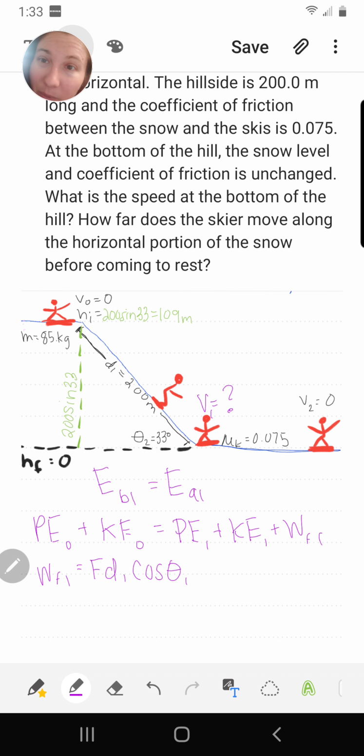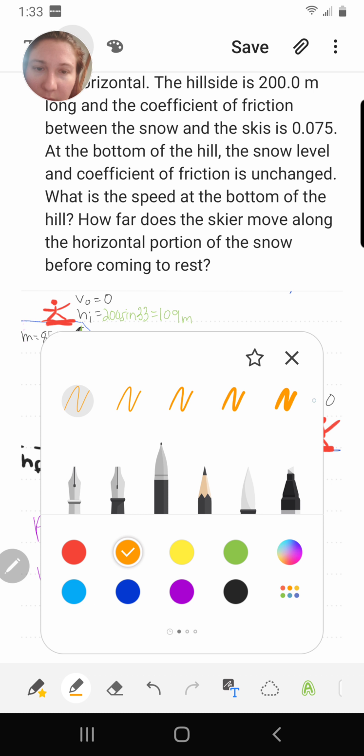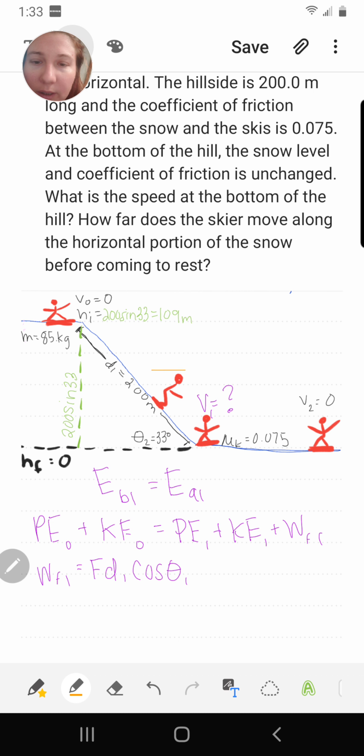Well, what forces are being acted on the skier? We'll do that in orange. Okay, well, we have the normal force, which is perpendicular to the direction of motion. Well, we have gravity, which is always straight down.